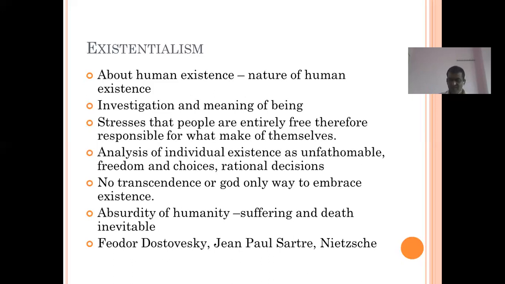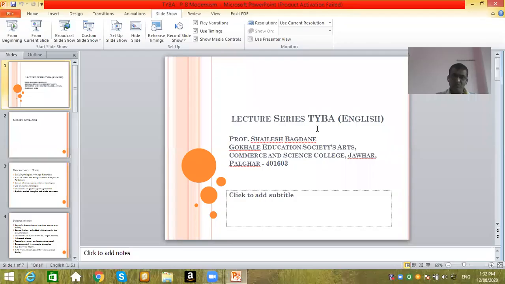And under this existentialist writing, we have very prominent writers in the form of Fyodor Dostoevsky, Jean-Paul Sartre, Knights. Knights has portrayed a very beautiful picture of the human being.